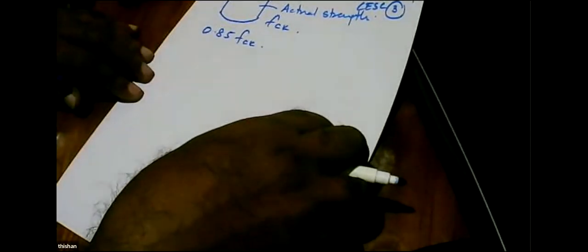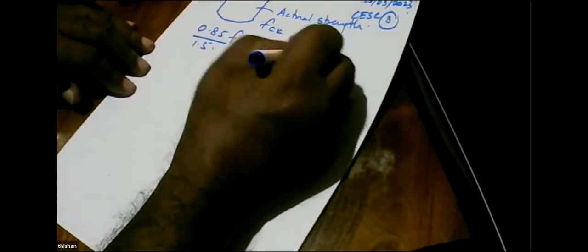You get this, and then when you divide by 1.5, you get 0.567 FCK.